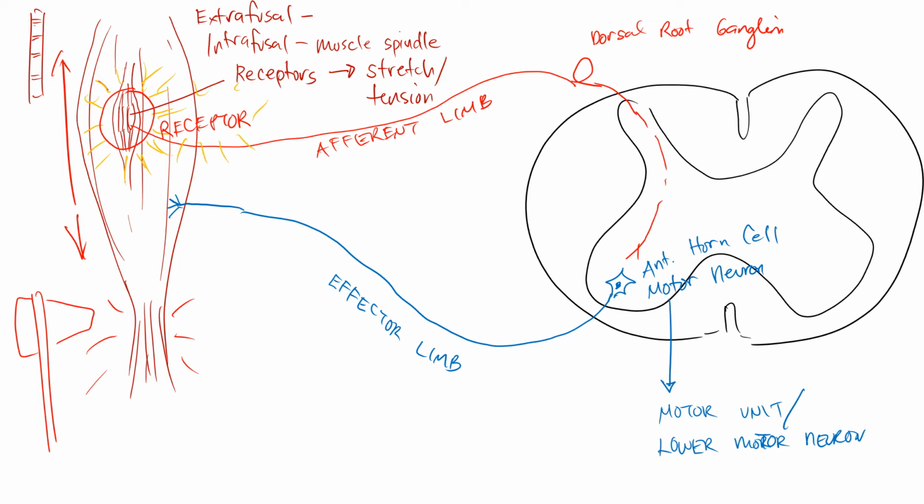So the impulses travel through your sensory limb, dorsal root ganglion, anterior horn cell, motor nerve, and it ends up activating or making your muscle, whatever muscle there is, contract. So that's your reflex arc.